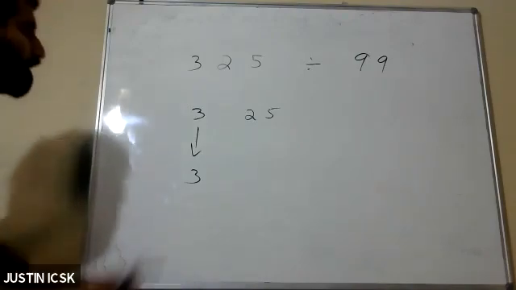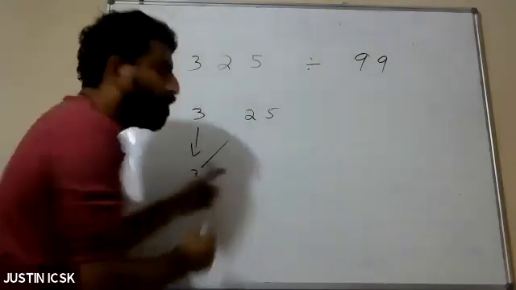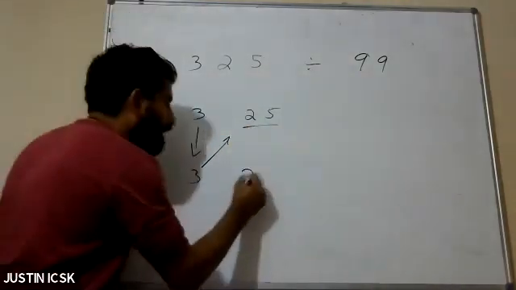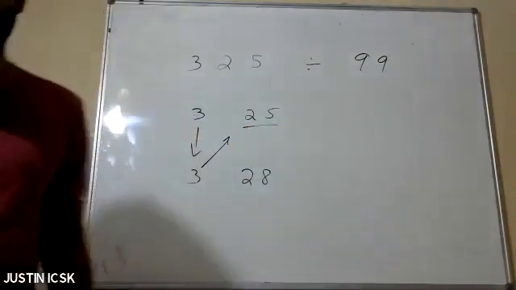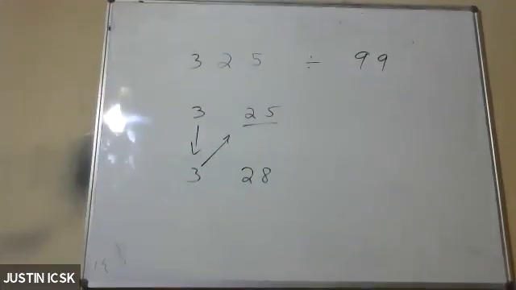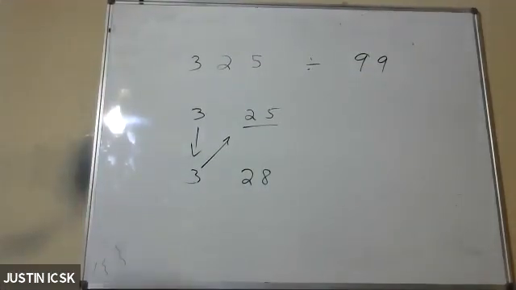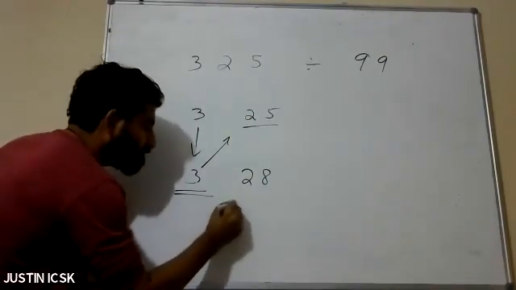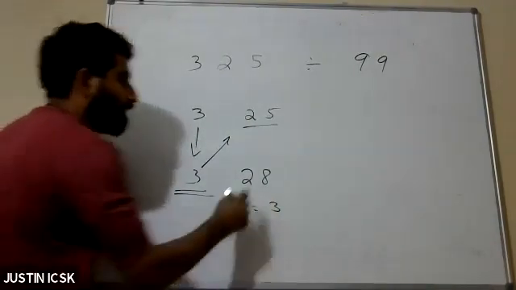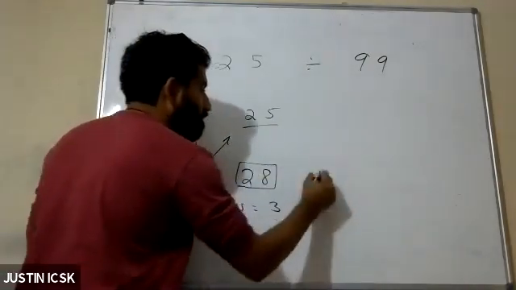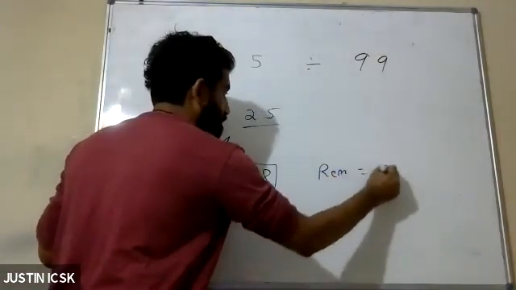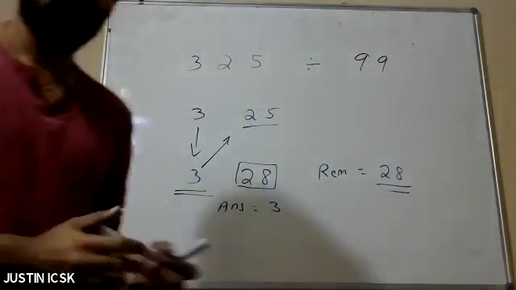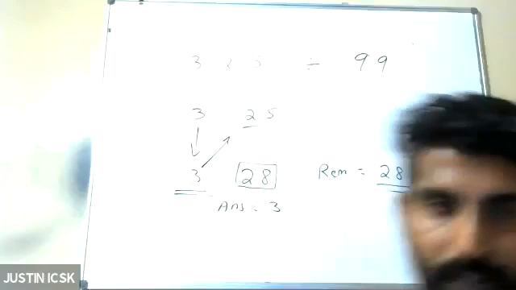Now, I am not adding 3 plus 2. Instead, 3 plus 25, 28. This is your answer. This is your remainder. Easy, right?